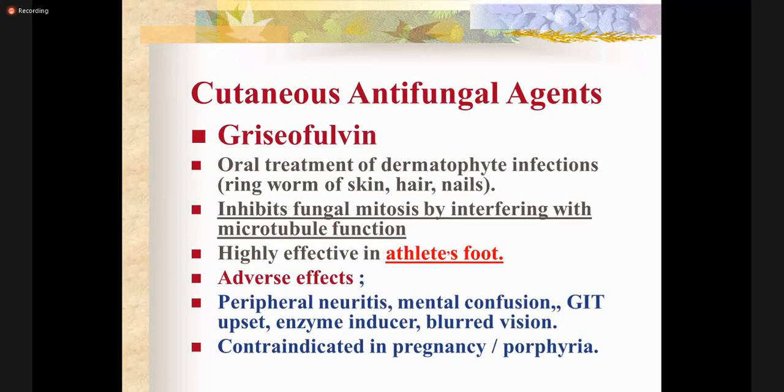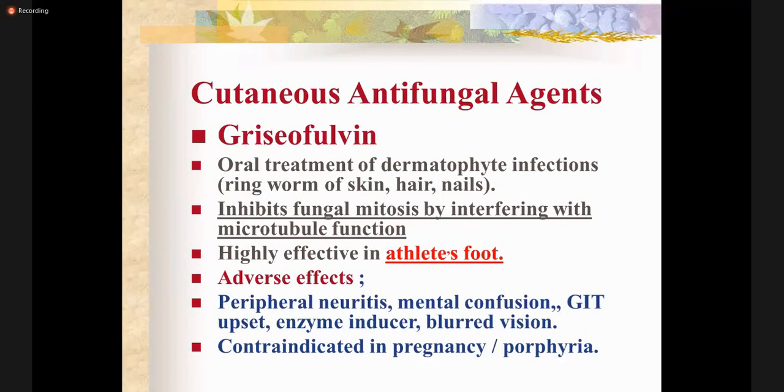The specific mechanism of action of Griseofulvin is that it affects microtubule function. So mechanism is also important. Like we are discussing the mechanism of each and every drug, like amphotericin affecting the cell membrane, the azole group affecting alpha-demethylase. So you should also remember this in one line. Griseofulvin is a natural compound and it affects microtubule function.